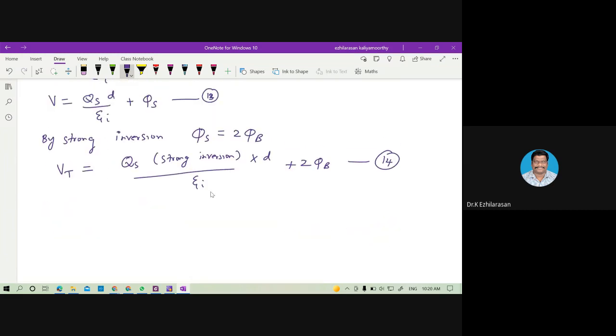In the semiconductor, the charge will be in strong inversion.